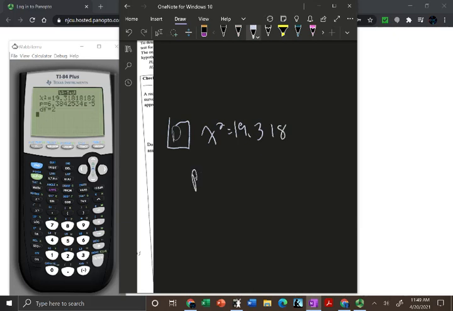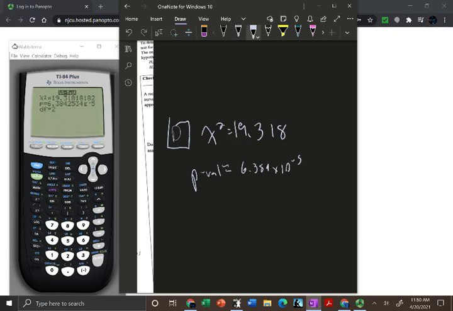Okay, the p-value is 6.384, oh, I'm sorry, times 10 to the negative 5th. Whoops, I already almost made a mistake. So this is actually 6.384 times 10 to the negative 5th. Whoa, so that means it's really, really small.